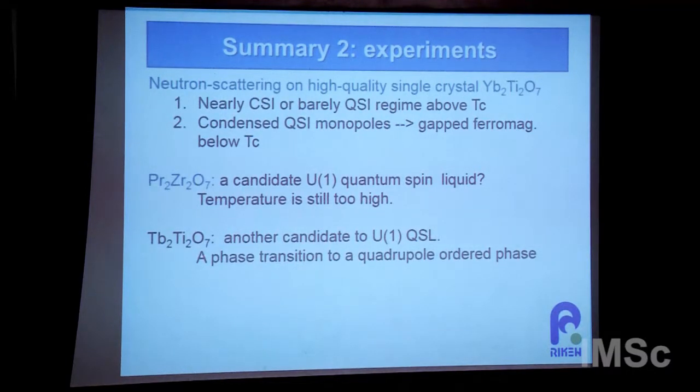I know myself, but I need to ask experimental colleagues. And also this is another candidate for the U1 spin liquid, terbium titanate. Although the sample we worked on seems to be inside the ferroelectric coupled state, possibly we can reach a U1 quantum spin liquid state for this sample by tuning the off-stoichiometry.